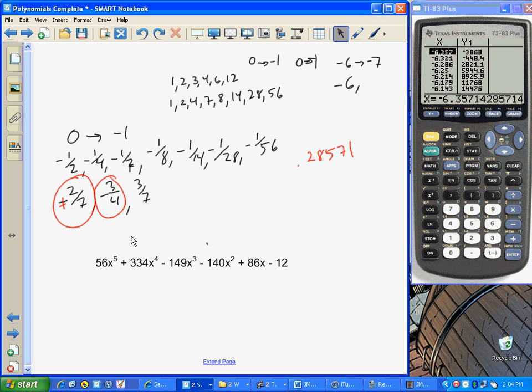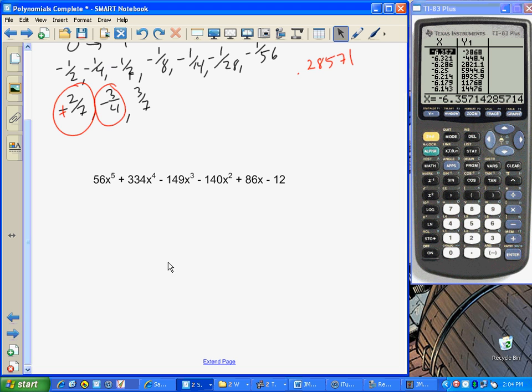I'm going to be dividing out these two. We can use synthetic or long division. You could do two separate ones, or you could do one if you multiply them together. If I multiply these together, I'm going to get some ugly fractions, so I'm actually going to use synthetic here, just because it's a little bit easier.